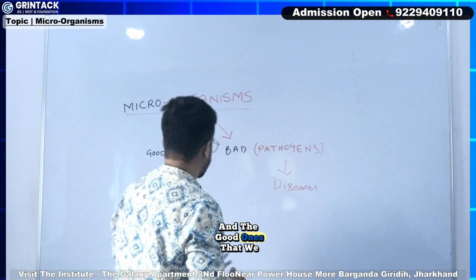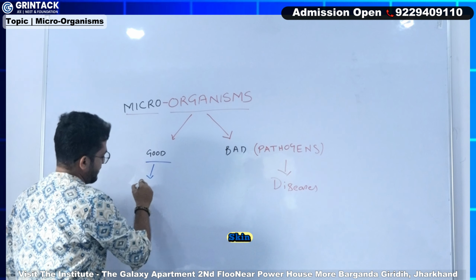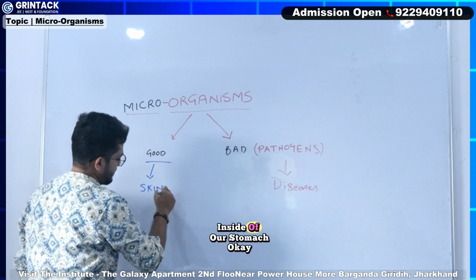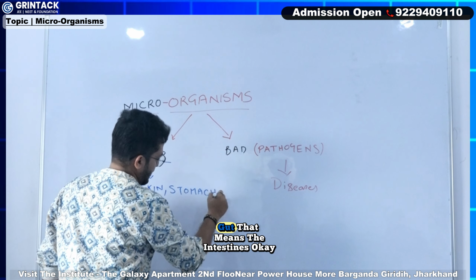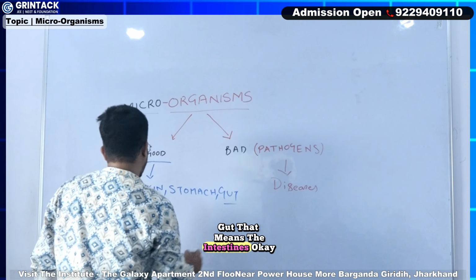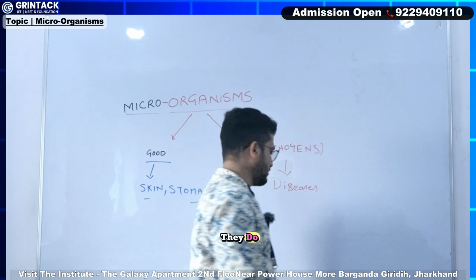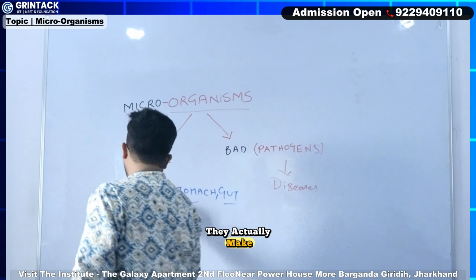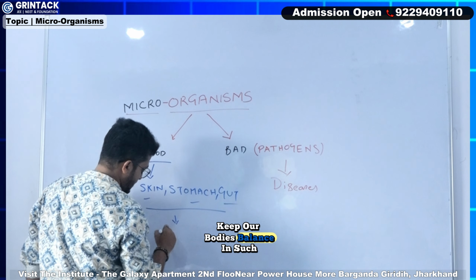And the good ones are always present on our skin, inside our stomach, the gut, that means the intestines. So what good bacteria or good microorganisms do is keep our bodies balanced.